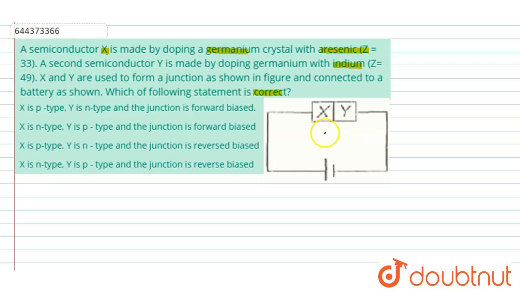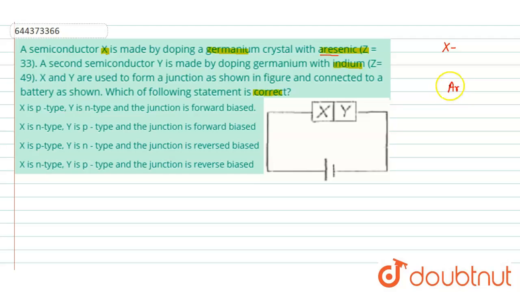Now, let us first check whether the extrinsic semiconductor X is p-type or n-type. You can see that X has been doped with arsenic, which is a pentavalent impurity. What happens when you dope a semiconductor with a pentavalent impurity, let us say arsenic?